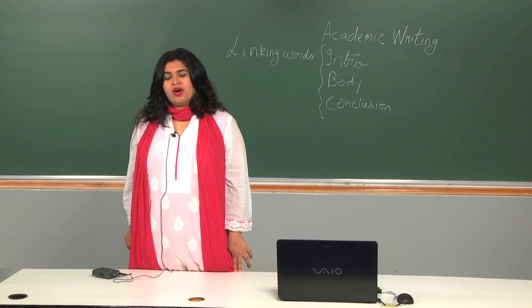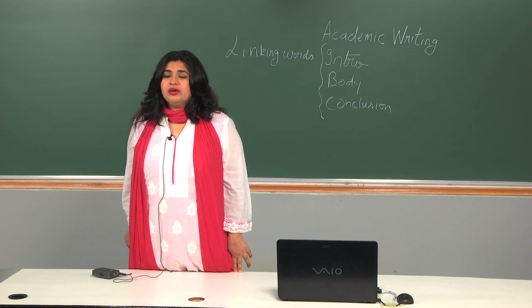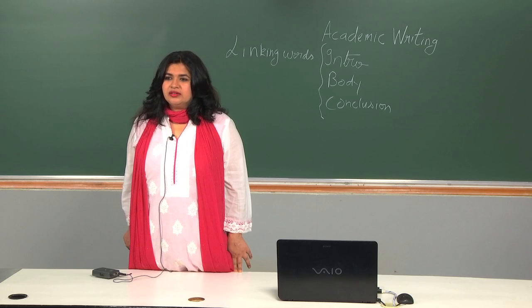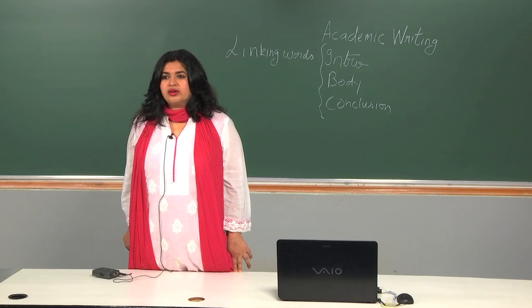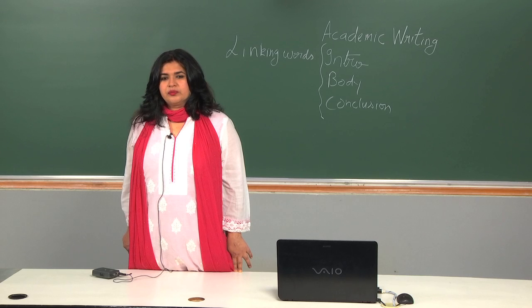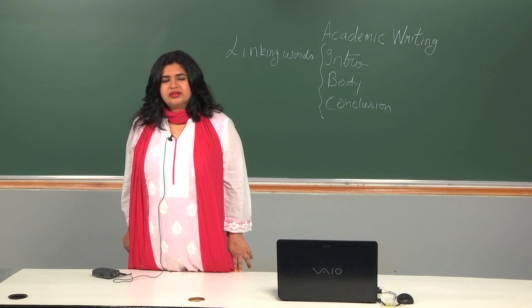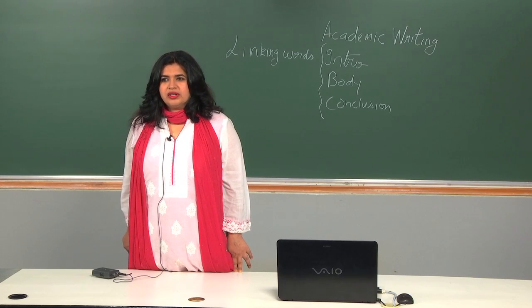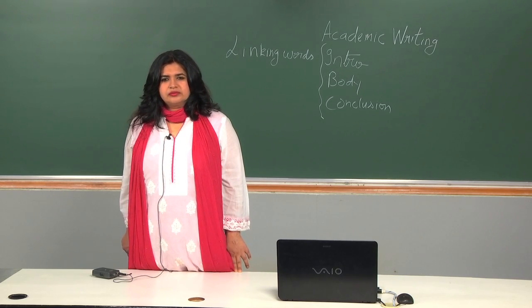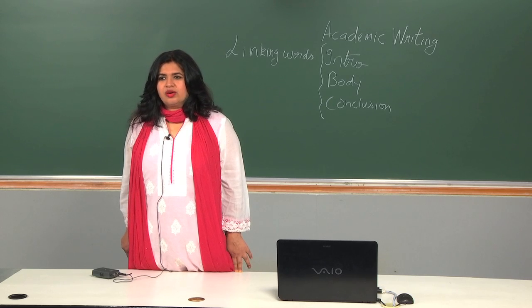A bibliography is a list of books you may have used, read or referred to while writing your essay. As I have already told you, the APA or MLA style of quoting is recognized all over.